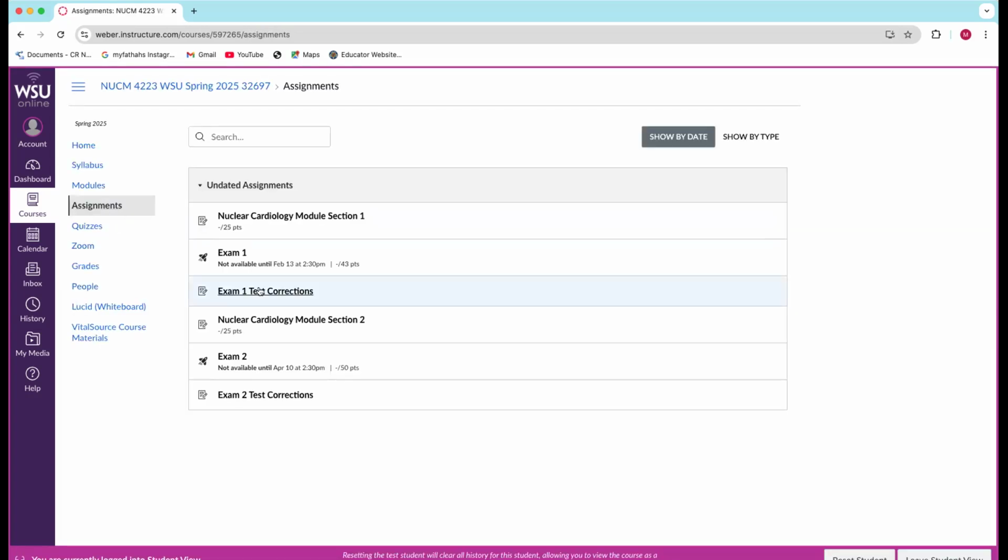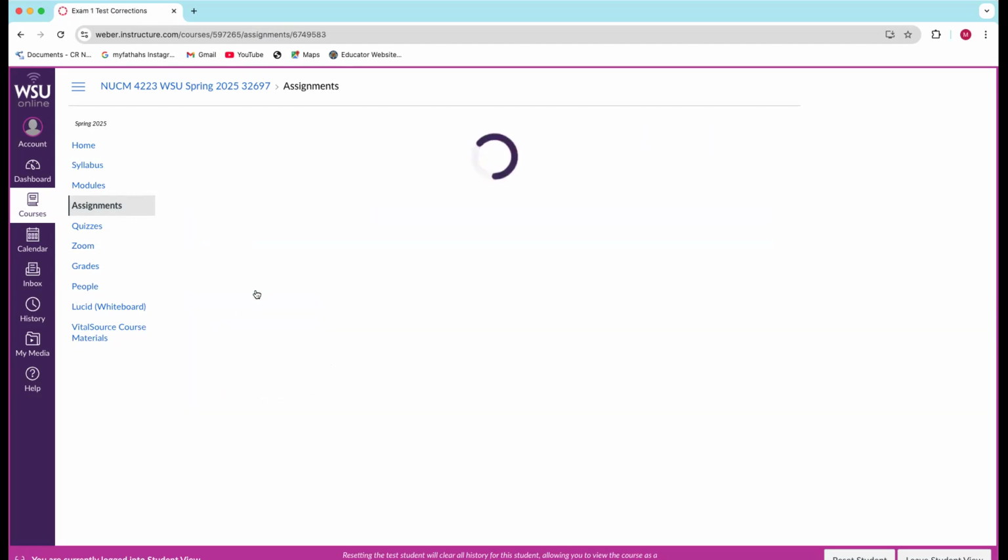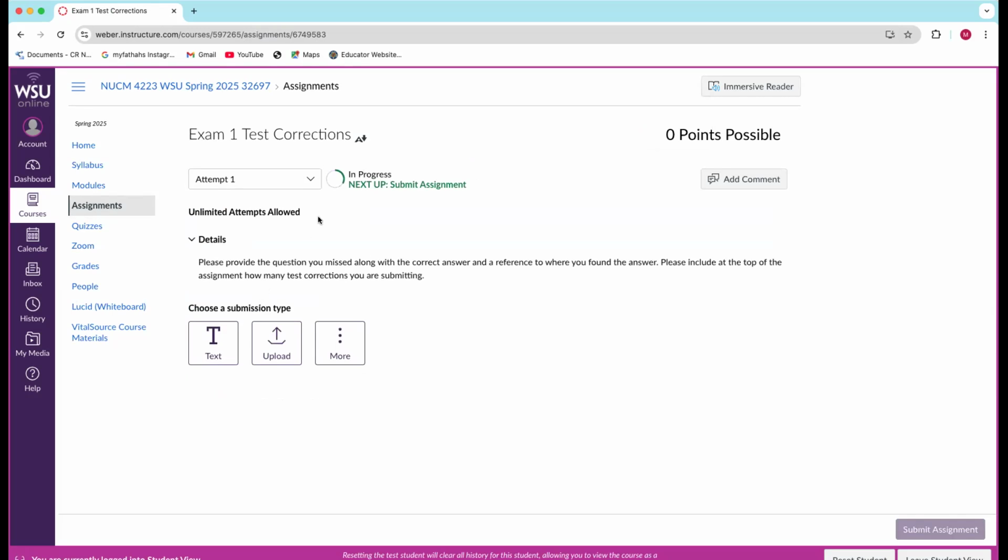Just as a reminder, and we've done this for a semester, so I think you have a general idea, but I always like to remind everybody, if you click on these test corrections and go into them, this is where I've got a link for you to do the test corrections. Again, on here, I've provided an explanation of what I want.